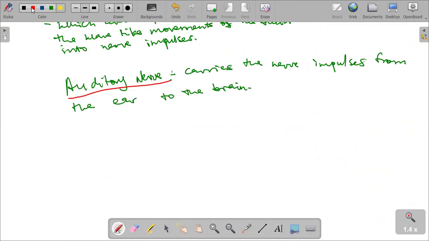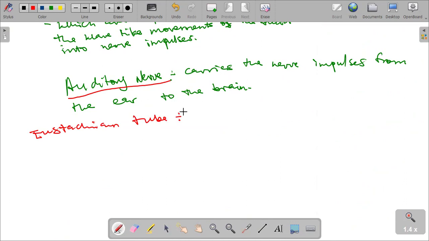The eustachian tube, which is maybe last but not least. What is its function?